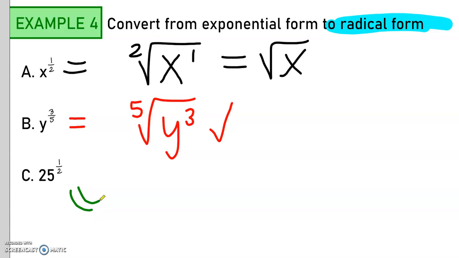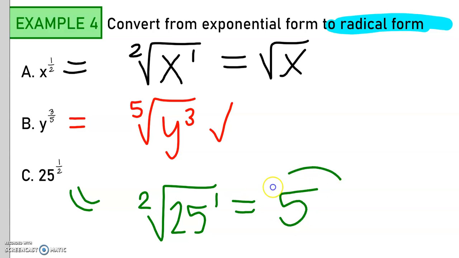I'll want to get this in radical form, so I put my radical, I put my radicand. I have my denominator and I make it my index, and my numerator and I make it my exponent. But then I actually take a look at this and I think about, okay, this is the square root of 25. Well, I know the square root of 25, right? That's 5. So doing this allows us to do a lot of simplifying. Okay, check that out. Cool.